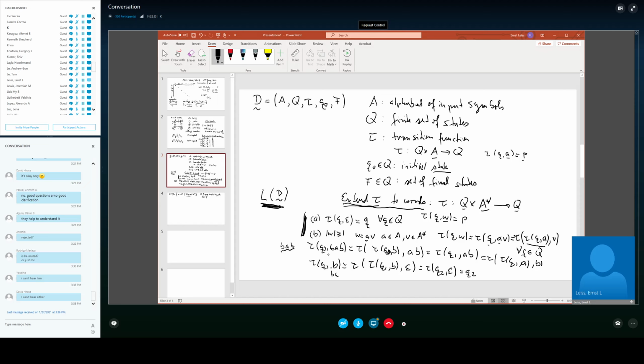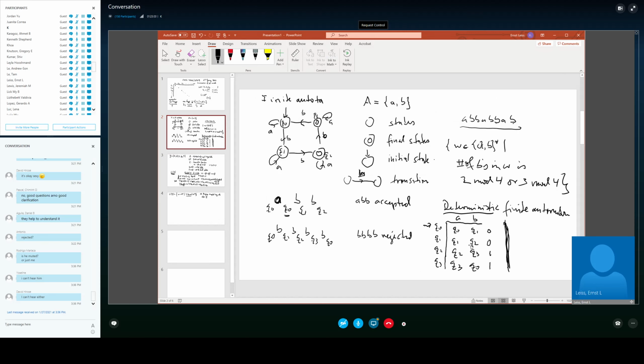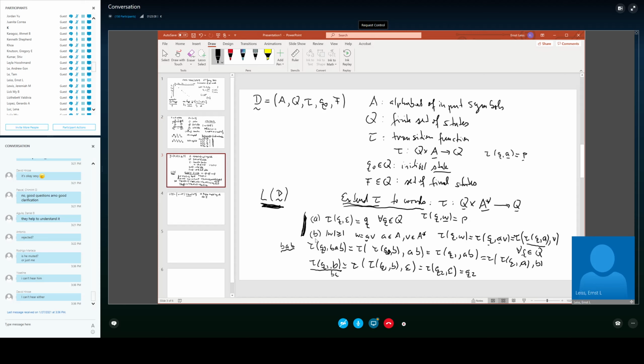You could directly go from that using the definition of tau, which will tell you tau of Q1 under B is Q2. I was just simply slavishly following the definition. Somebody really wanted this carried out, but you can certainly go directly from tau of Q1 and B to Q2 without going through those two intermediate steps.